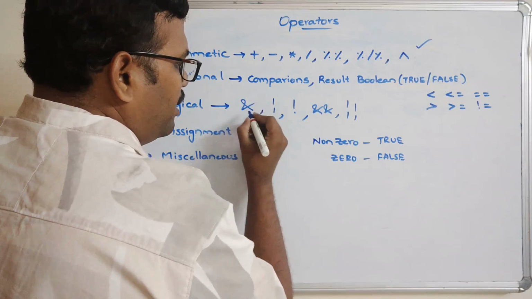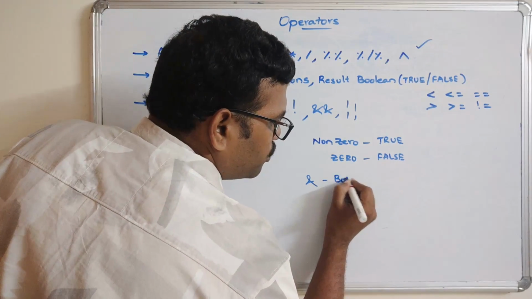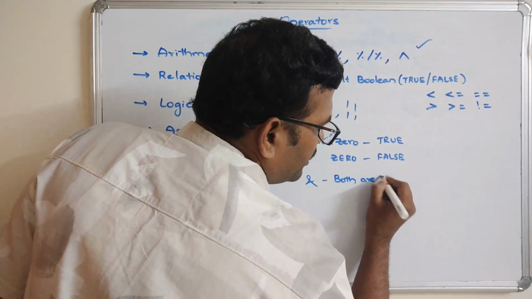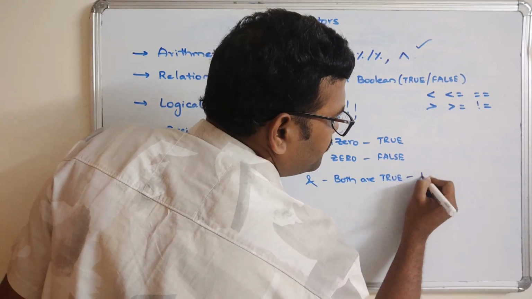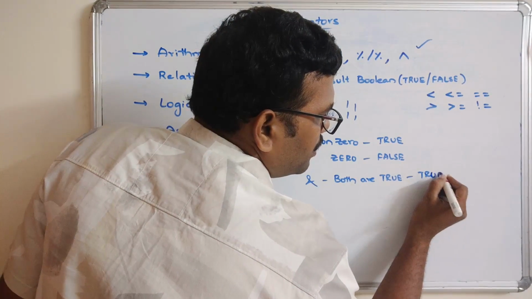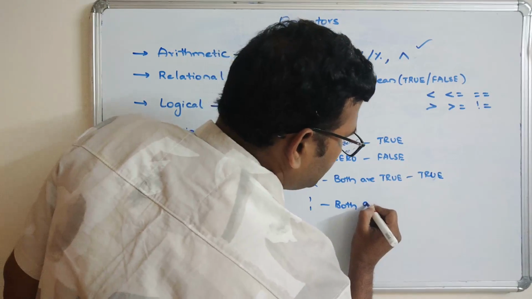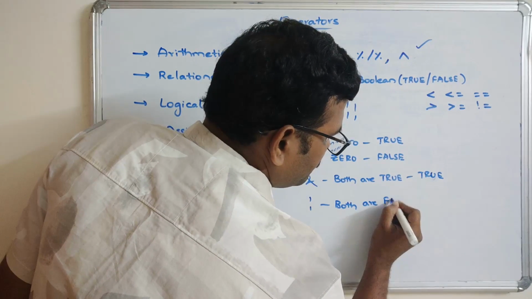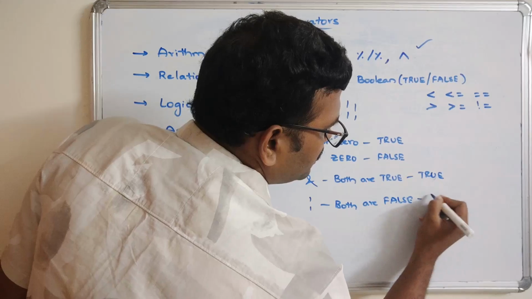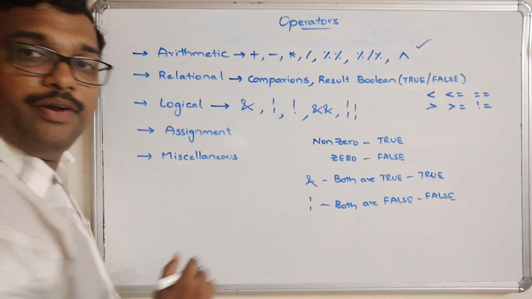If it is AND, and both are true, then only the result will be true. And OR: if both inputs are false, then only it will get false. If any one of the inputs is true, automatically it will return true.